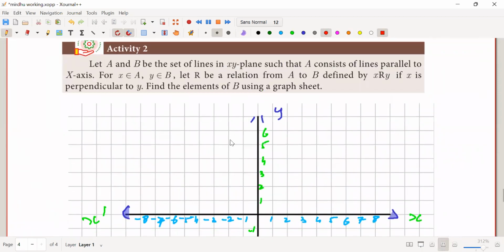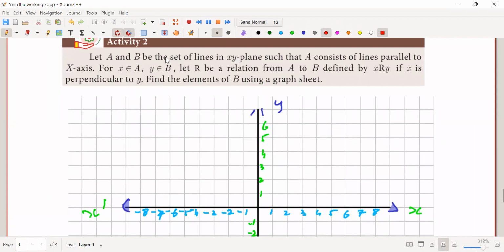Okay, check this question. Let A and B be the set of lines in the x, y plane. A consists of lines parallel to the x-axis, for x an element of A, y an element of B. Let R be the relation from A to B defined by x related with y if x is perpendicular to y.